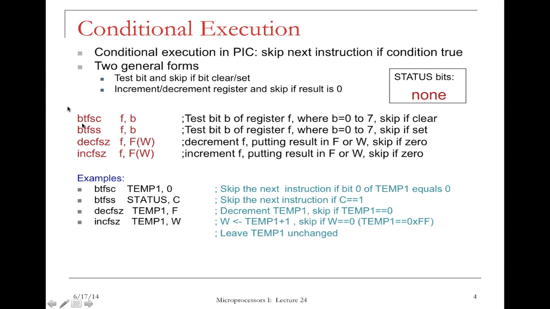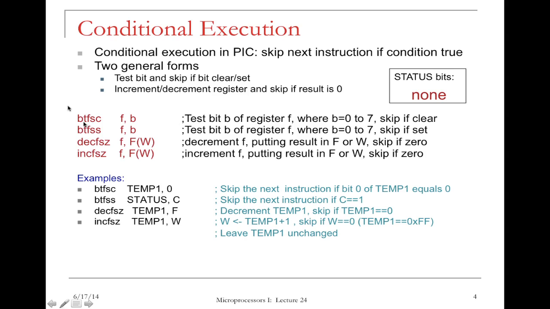B stands for bit, T stands for test, F, whenever we see F, that means we need the register operand. S is skip, C is clear.